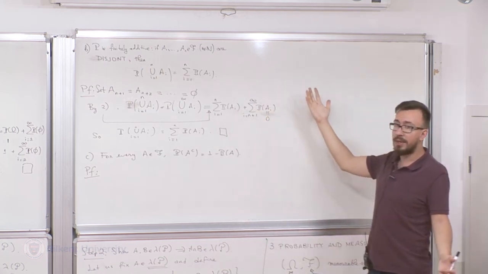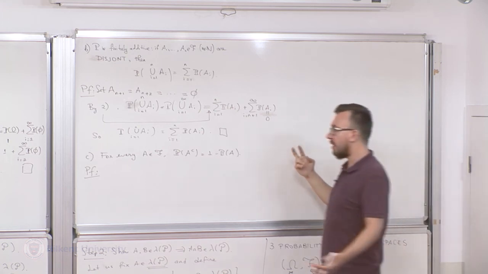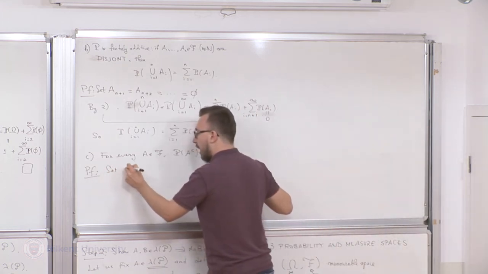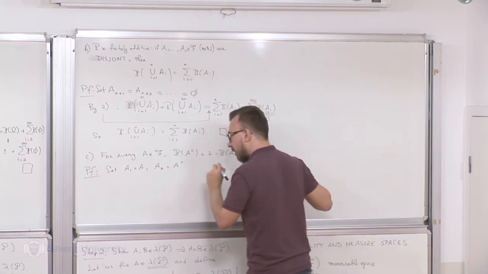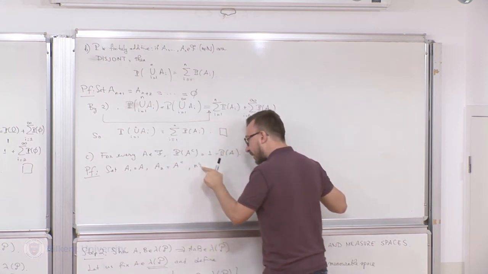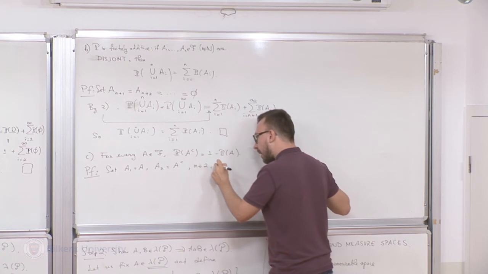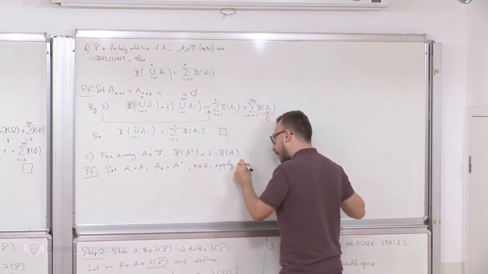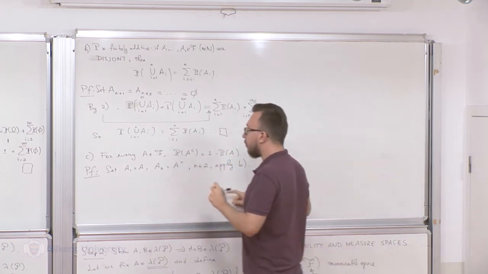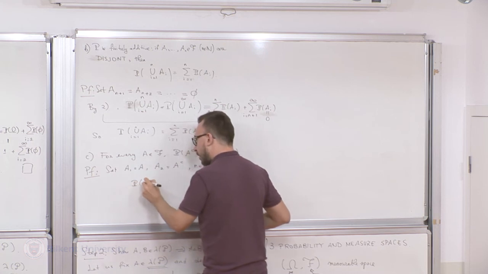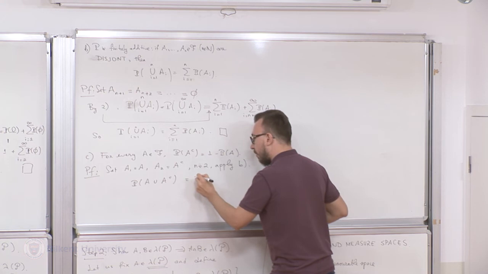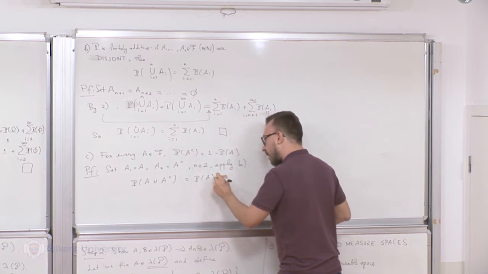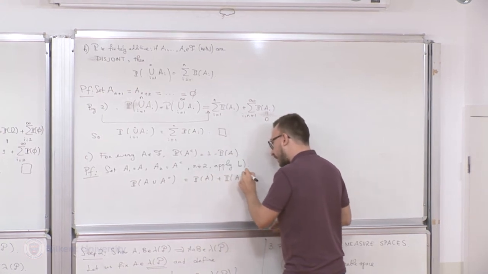So in particular, we can use just 2 sets. Just set A1 equals A and A2 equals A complement. And of course, n is equal to 2 here. Apply B. This gives us what? The probability of the union is equal to the probability of A plus the probability of A complement.